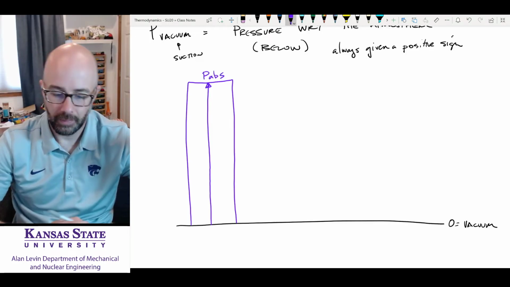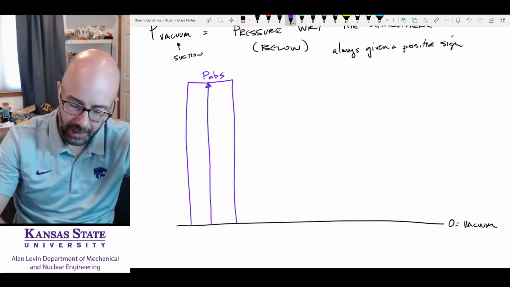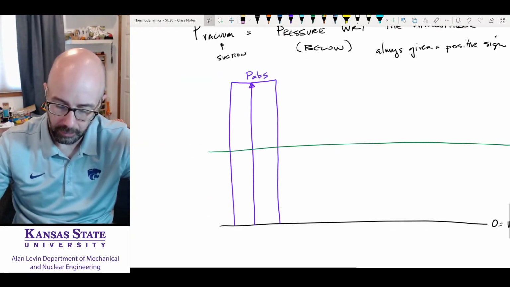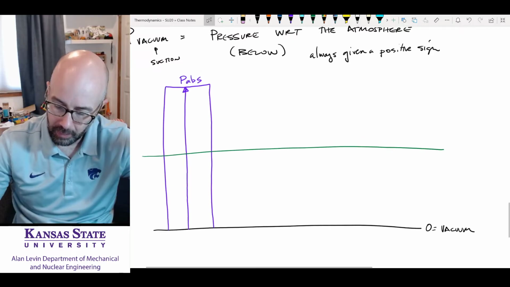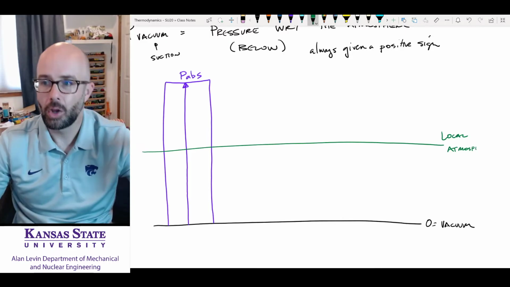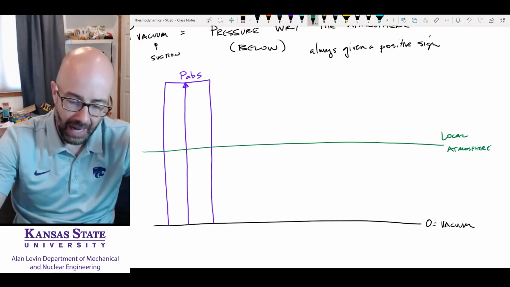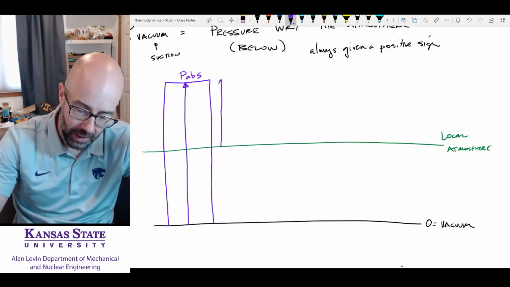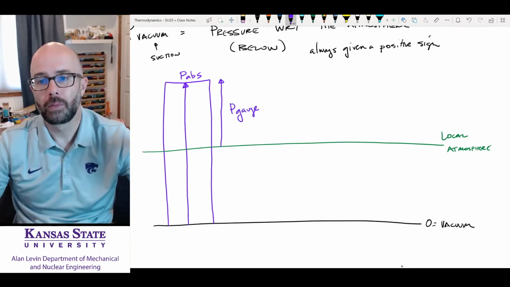Now, somewhere along here, this is the local atmosphere. If I measure from the local atmosphere up to this absolute pressure, this is going to be pressure gauge. That's the difference.